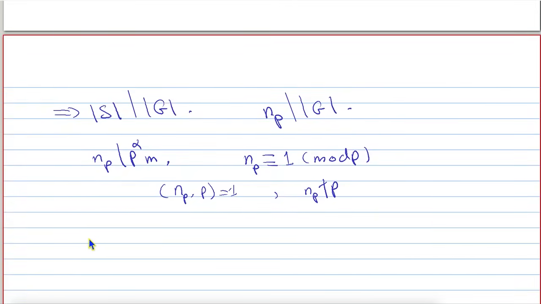This leaves us with only one possibility: n sub p must divide m. And this completes the proof of Sylow's third theorem.